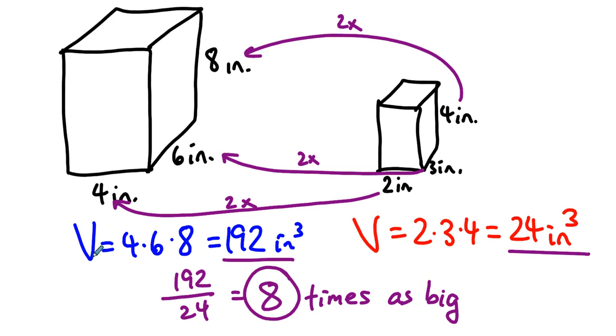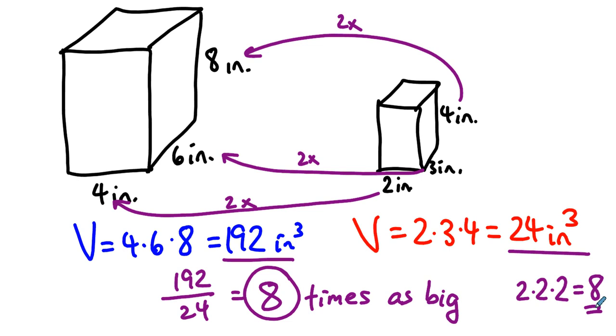So the volume should be 2 times 2 times 2, 8 times as big. Volumes scale as the cube of the ratio between the sides. In the same way that areas scaled as the square of the ratio of the sides, volumes scale as the cube of the ratio of the sides.